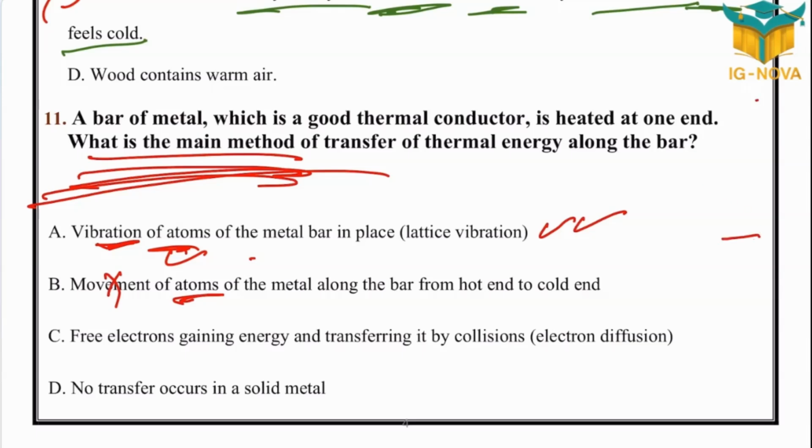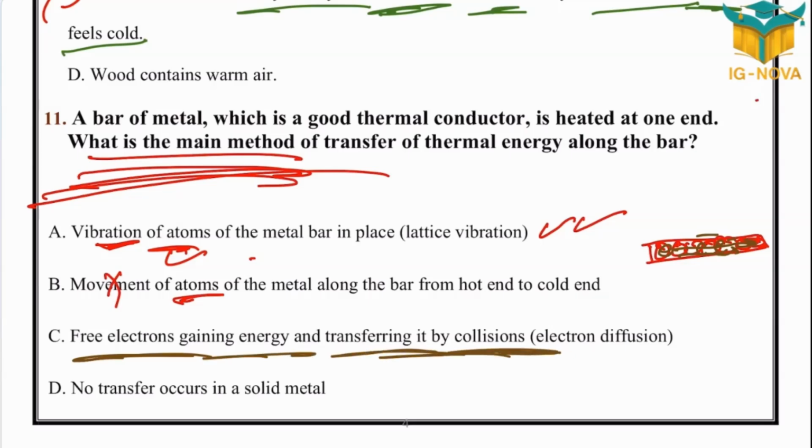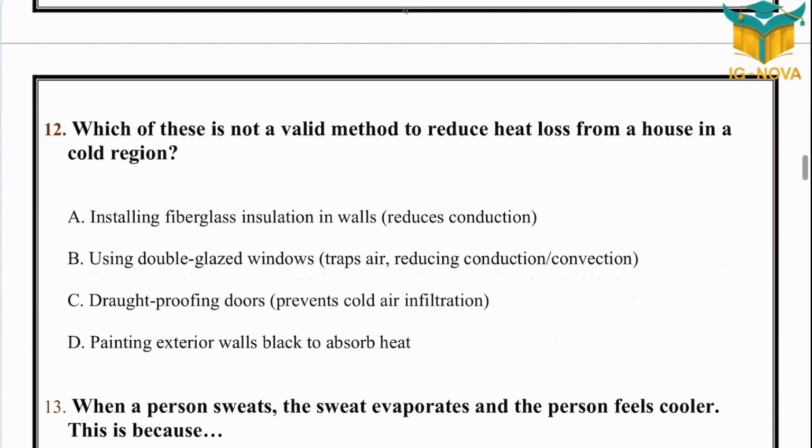If you remember, this bar has molecules here, and these molecules have electrons that can transfer along the bar. This is the reason for the flow of heat. So for C, free electrons gain energy and transfer it by collision, electron diffusion. Yes, it's C.